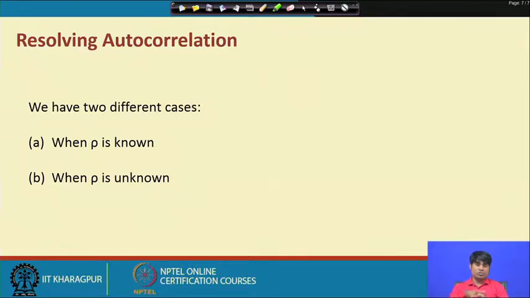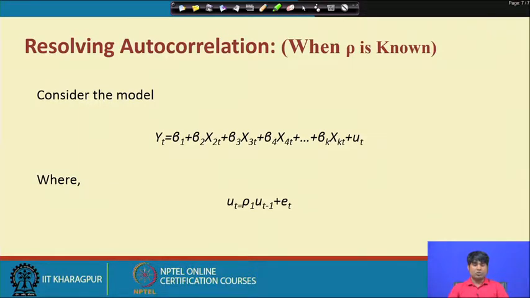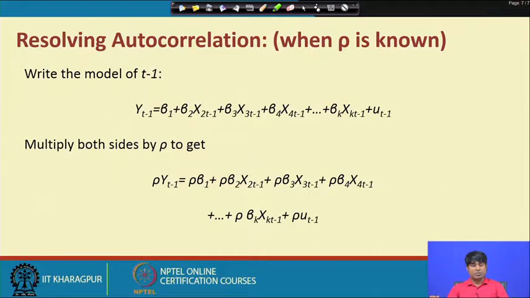As far as the solution is concerned, we have two different instances: first, when rho is known, and second, when rho is unknown. Looking at the structure, first you go by simple estimation of the dependent and independent variables, then get the error component, and again estimate the error component with its lag component.